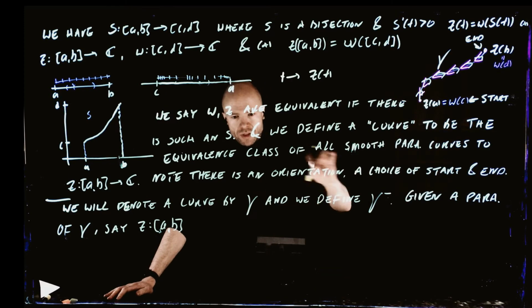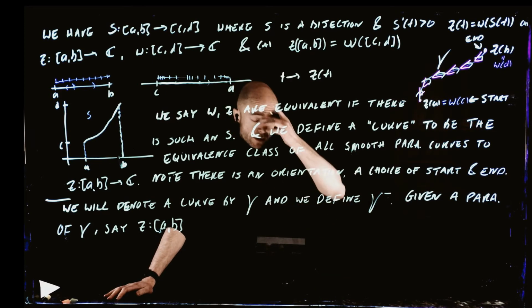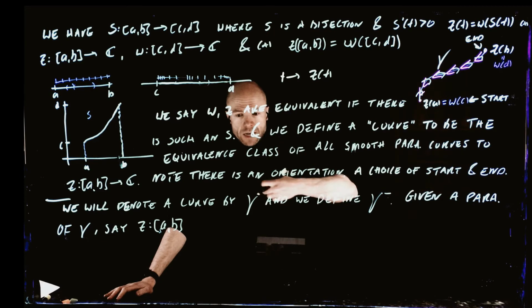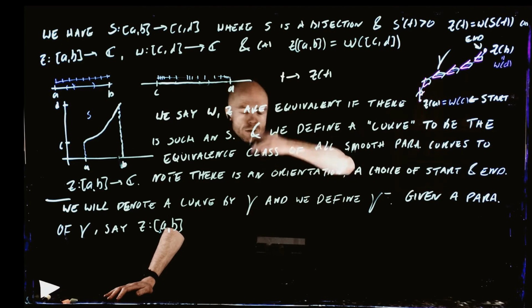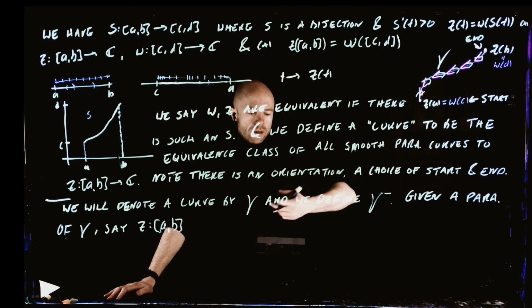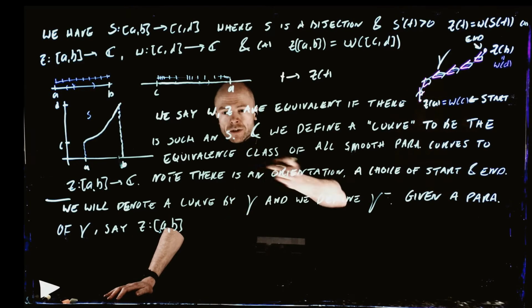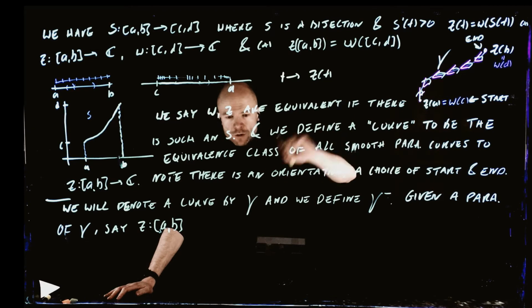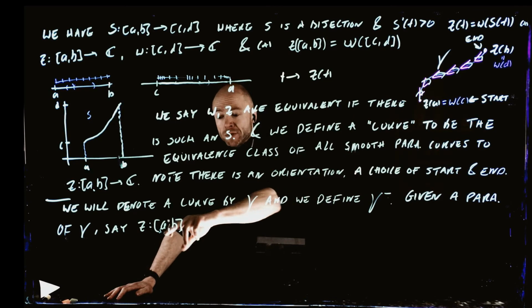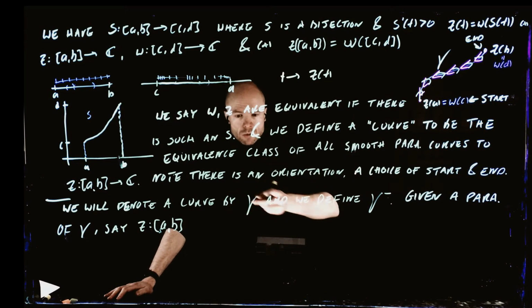Because we've now learned that a curve is an equivalence class of parameterizations of that set of points. So we could always reparameterize A, B to 0, 1.